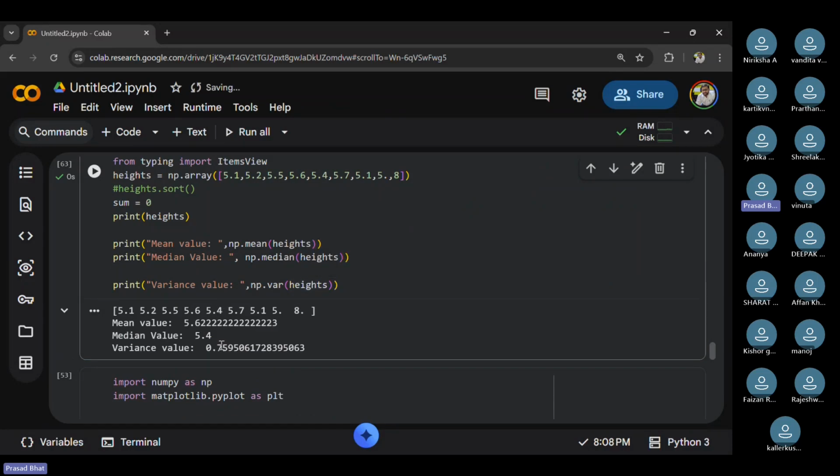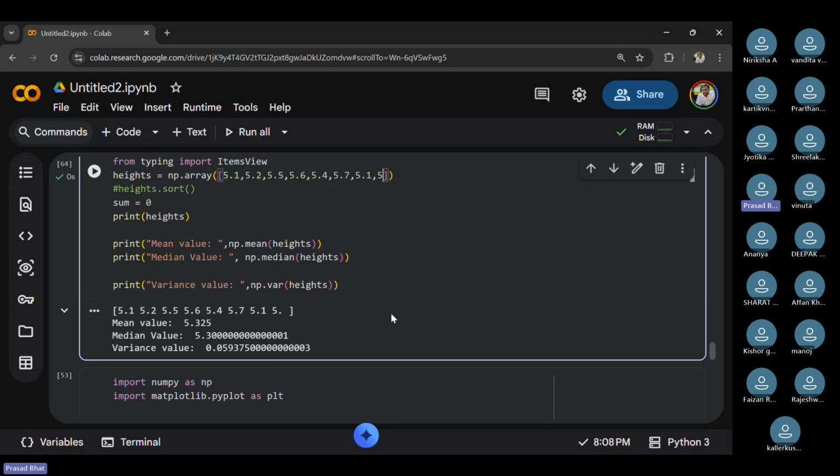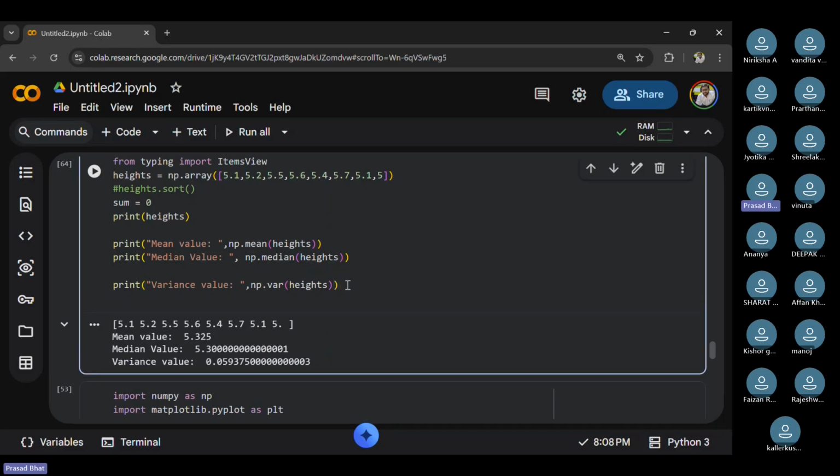And this variance value is so large because of what? This outlier. If I simply remove this, look at this. The values are very tightly coupled, since the mean value is 5.325, most of the values range from 5 to 5.6. So the variance value is also not that great.